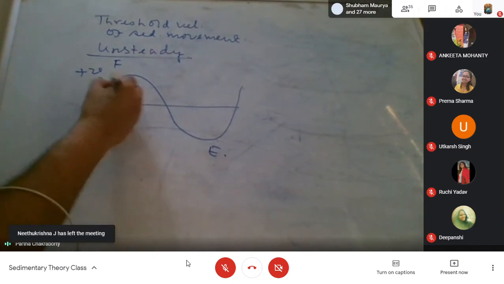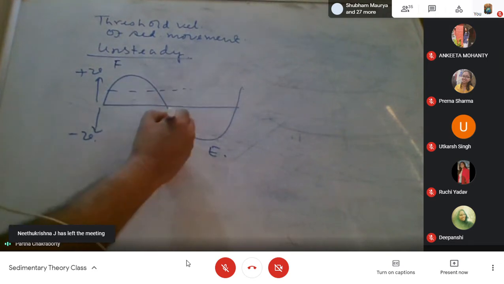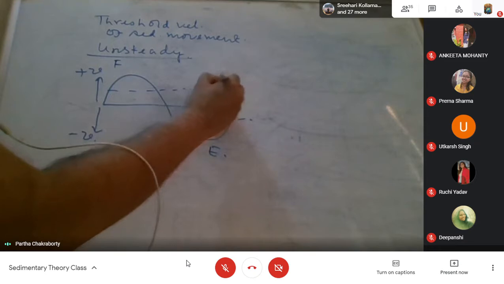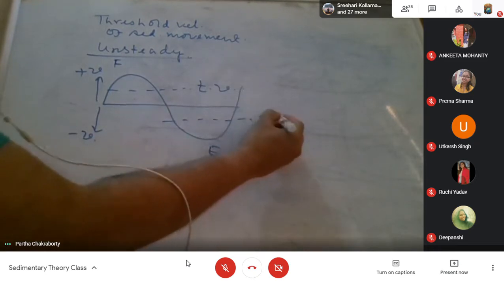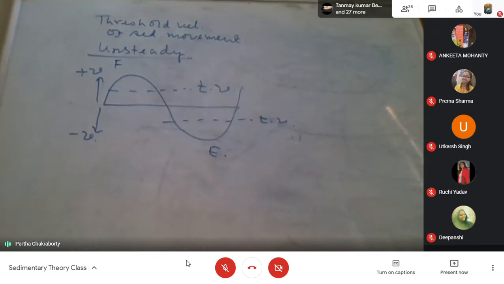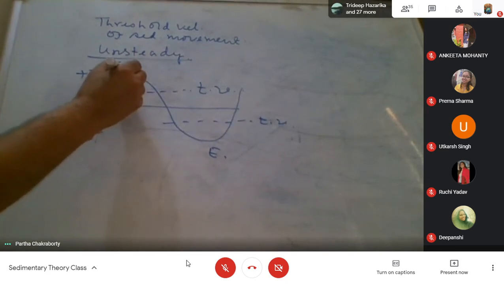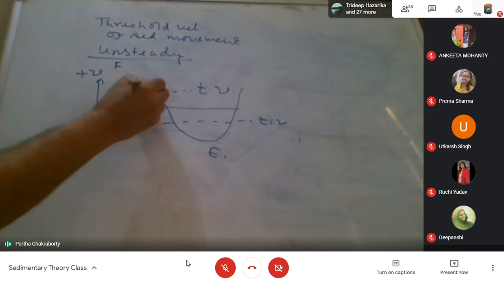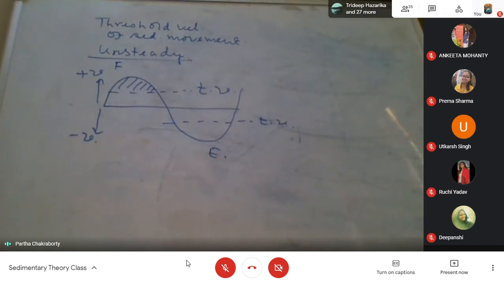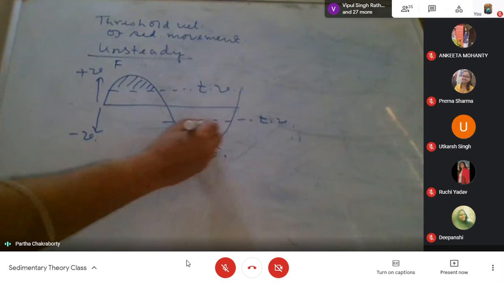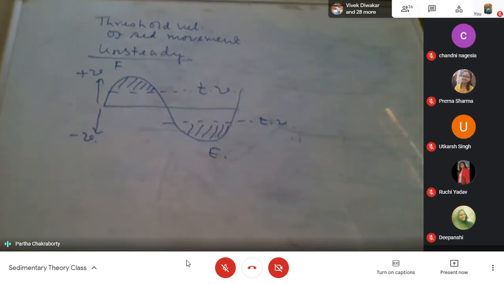So suppose this is the threshold movement, and on both sides I put the threshold movement, TV. That means when the velocity is above this, this is the portion where movement of sediment grains can take place. Here, no sediment movement can take place. Again, movement of sediment grains can take place here, but here it cannot.